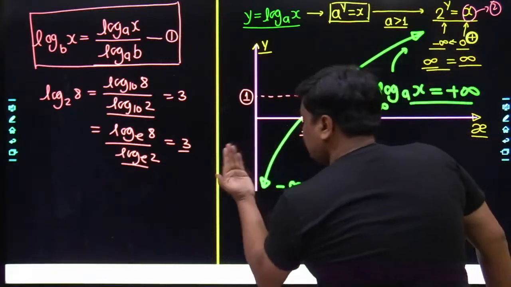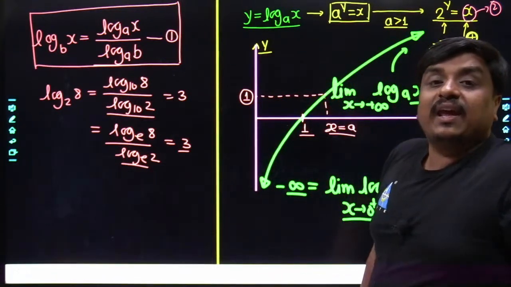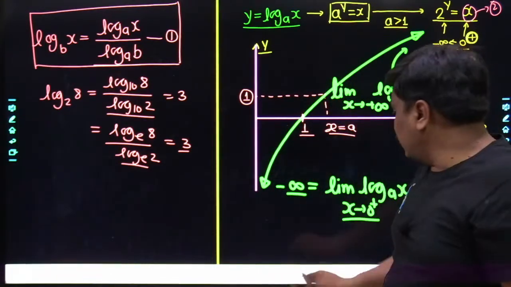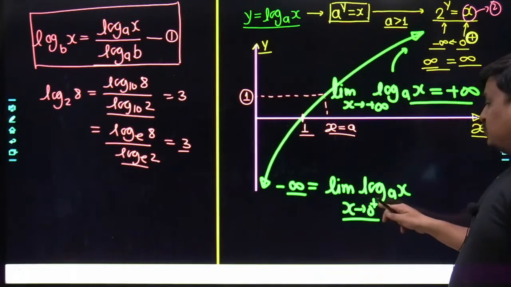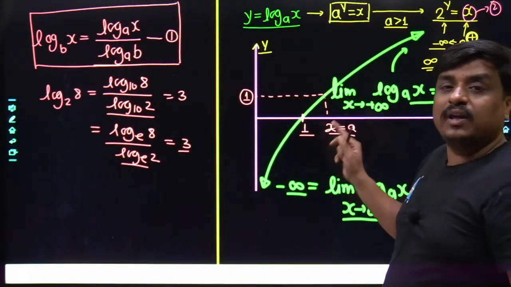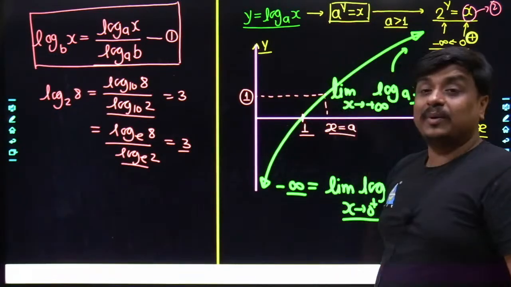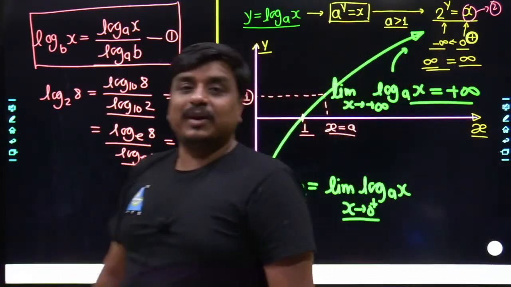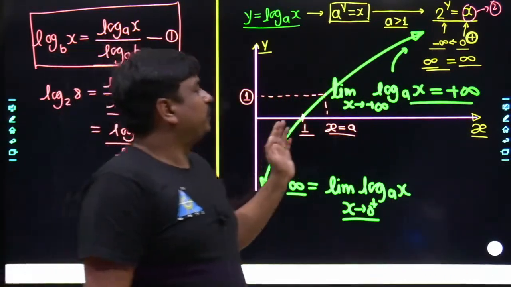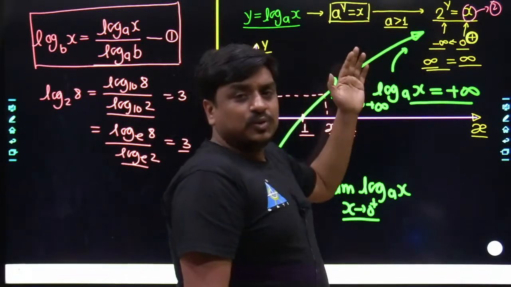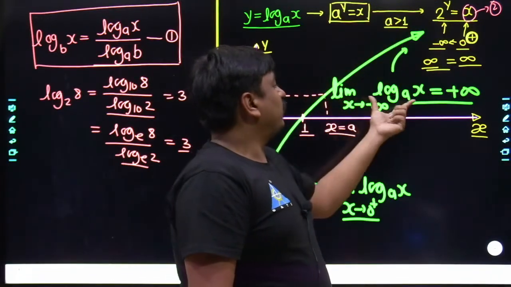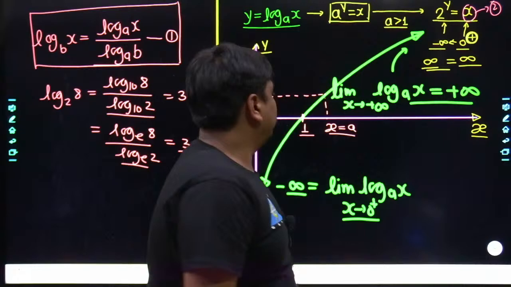If you go towards 0 minus, log a x itself is not defined. That is why I have deliberately taken x as 0 plus. When x is tending towards 0 plus, log a x would try to reach towards minus infinity. And similarly, when x is tending towards plus infinity, log a x would reach towards plus infinity.